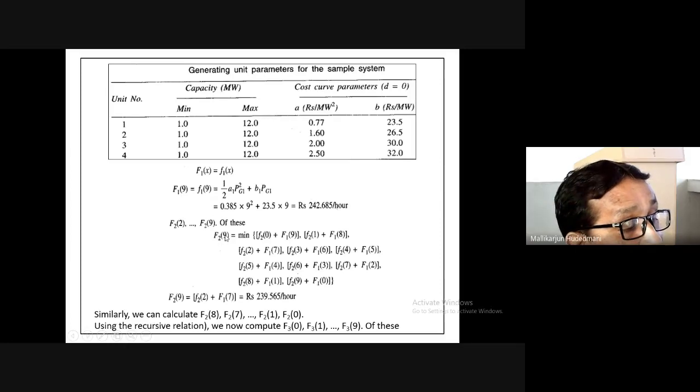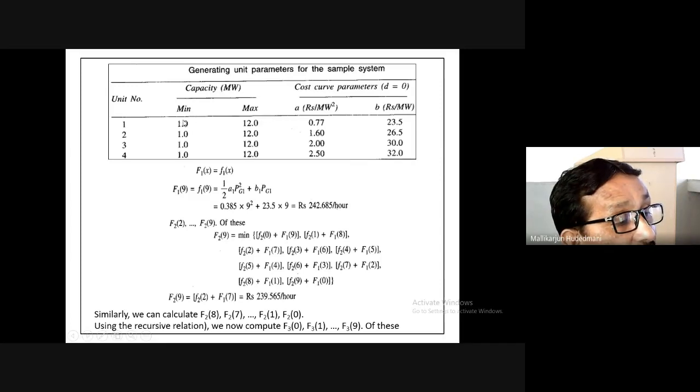F2 of 9. Obtaining 9 megawatt from 2 machines in combination is equal to the combination. 2 decisions you have to take. I can take as my first choice machine number 2 with 0 megawatt, machine number 1 with 9 megawatt.